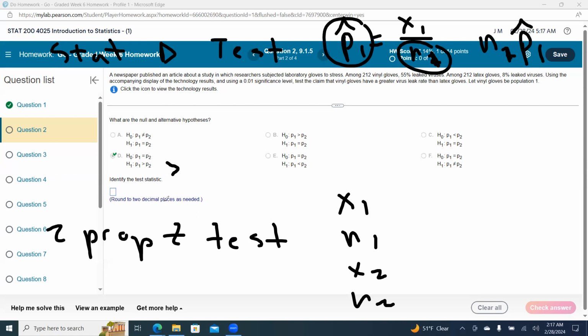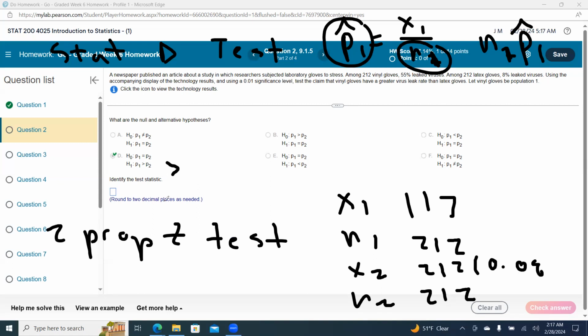So we multiply 212 times 0.55 and make it an integer, so approximately 117. So I'm literally doing 117, 212. The n2 is also 212, and then it's 212 times 0.08.